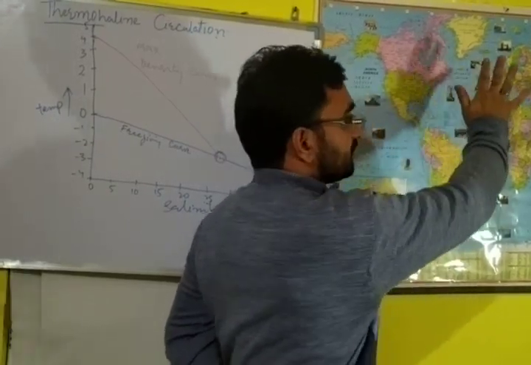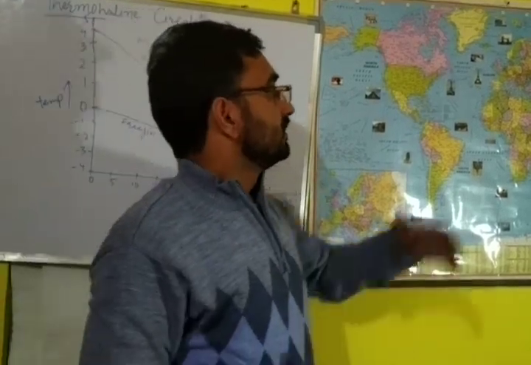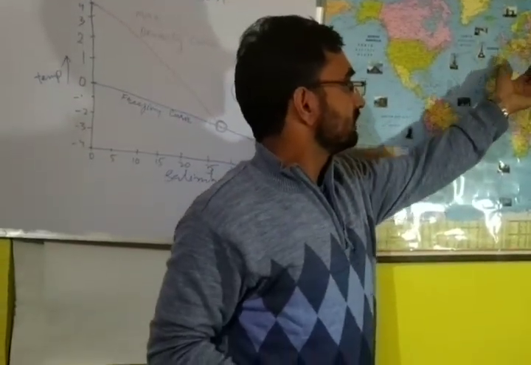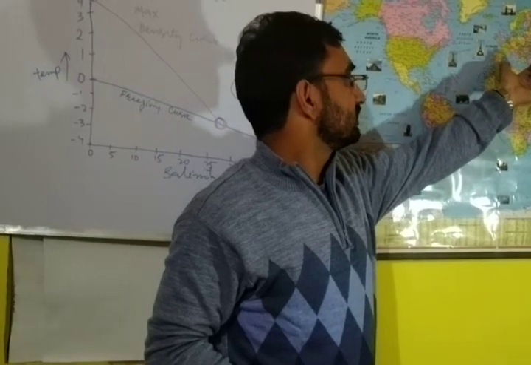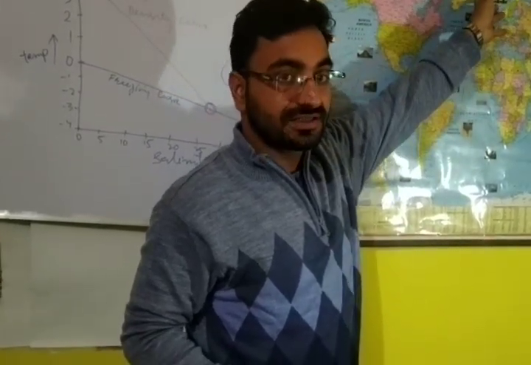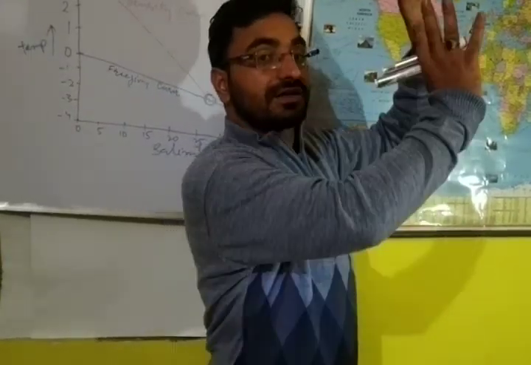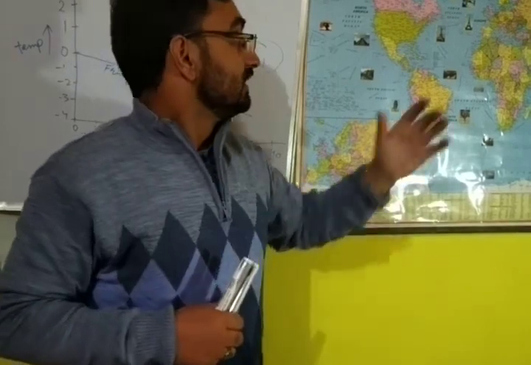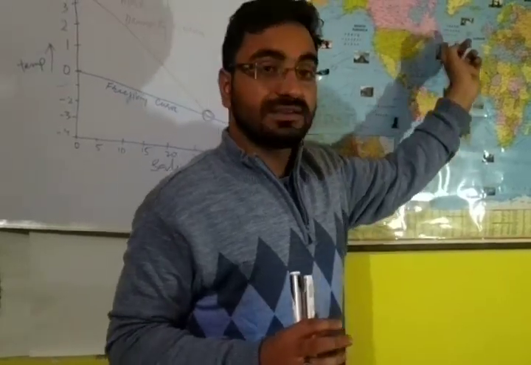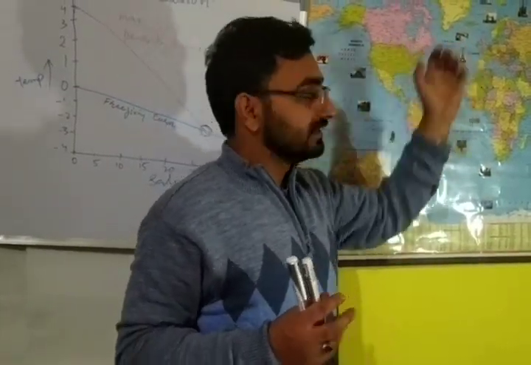That is why the temperature of Europe is comparatively warmer than this area. Although this comes in the low latitude, we should get maximum temperature here as compared to this, but that is not true. So if there is any decrease in the amount of warm water taken to the polar sides by the Gulf Stream, it will definitely bring cooling in this area. So the temperature variation will take place in this area.